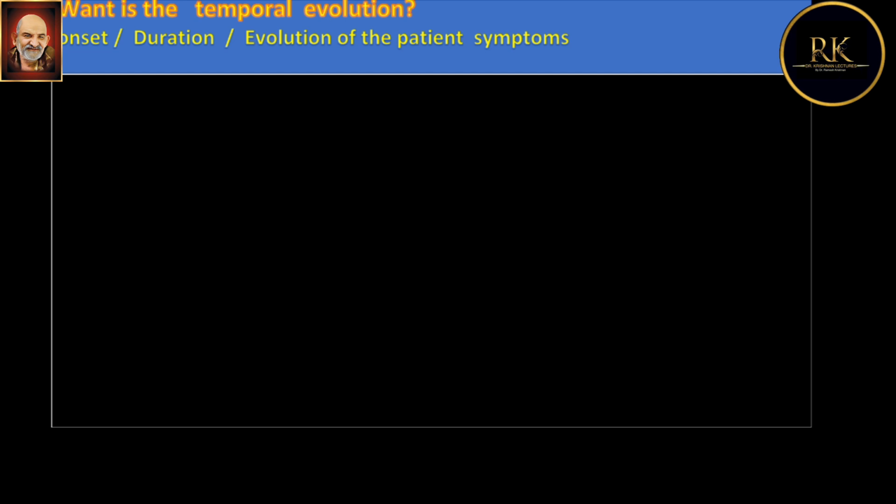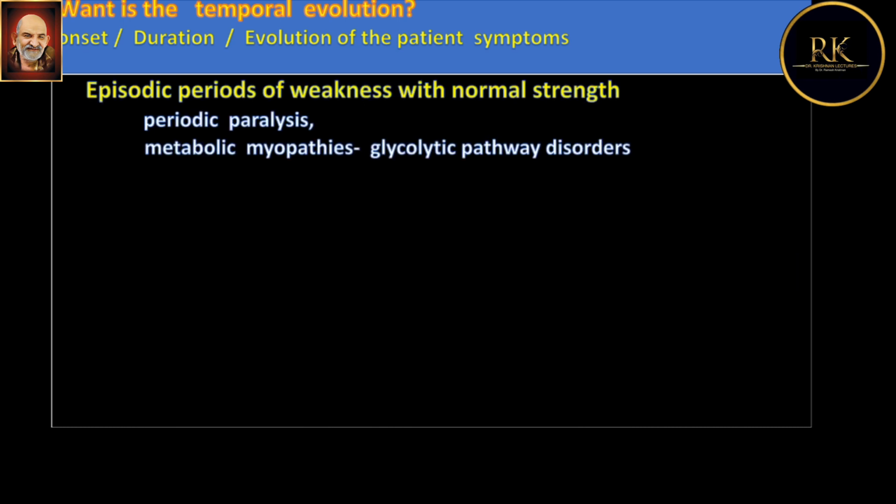Then, what is the temporal evolution of the myopathies, under the headings of onset, duration and evolution of patient symptoms? If the patient presents with episodic periods of weakness with normal strength, the causes include periodic paralysis and metabolic myopathies, including glycolytic pathway disorders.